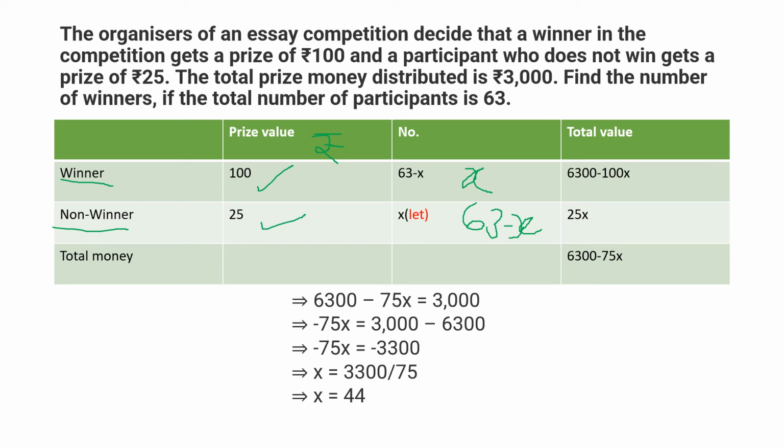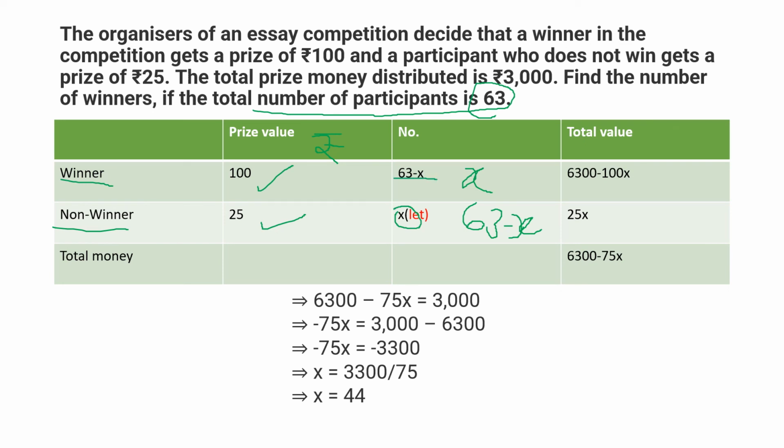You will see the difference by doing both ways, and then you see how much time you are devoting to each. So here if non-winners are x in number, winners are 63 minus x. How are we taking this value 63 minus x? Because it is given that the total number of participants is 63. So if one is x, the other will be 63 minus x.